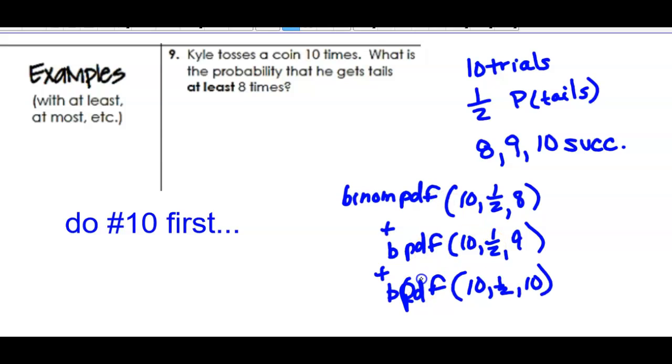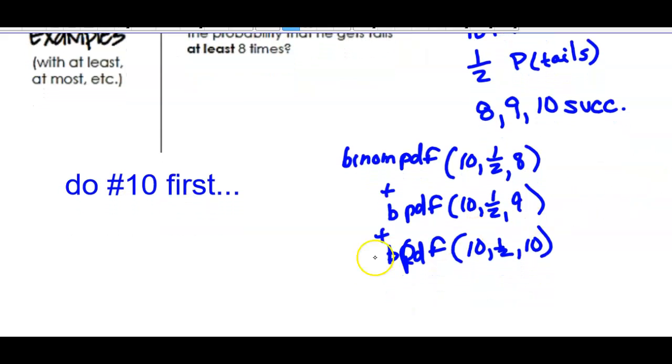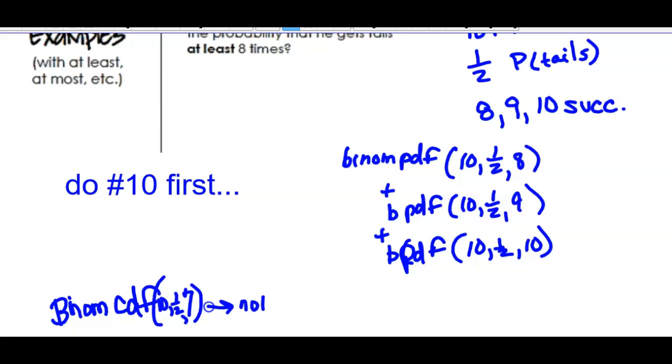You could add all those up. The other option is a little confusing for some students. You could say, I want to add up all the way to 7. I want the combined probability of 10, 1/2, 7, and that's the probability of it not happening. So then you would do 1 minus that.